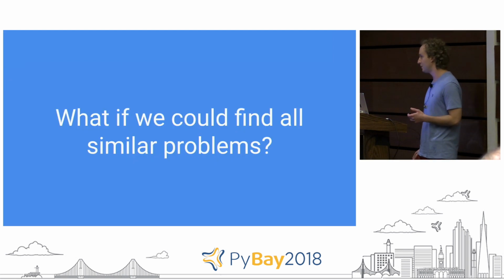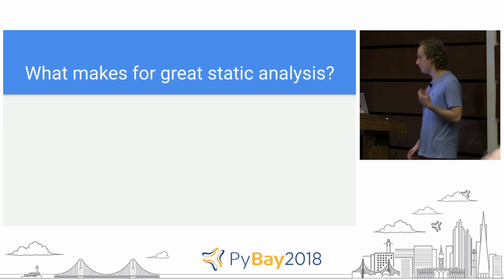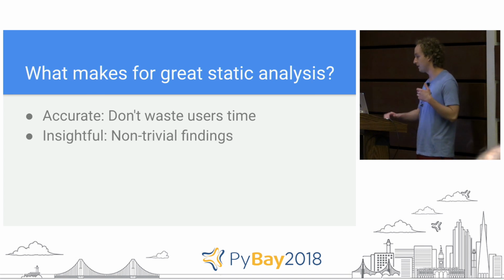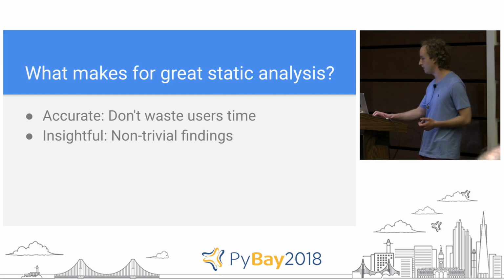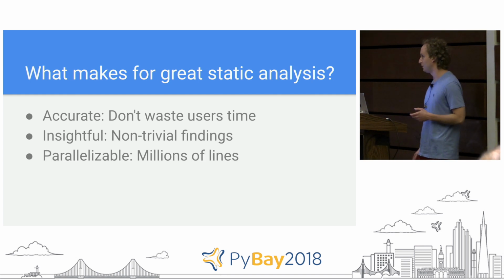So what if we could solve all similar problems? Wouldn't that be great? We could focus on finding vulnerabilities that aren't the same kind of pattern of source to sink. And so what makes for great static analysis? It's accurate, so it doesn't waste your time with a bunch of false positives, and you can trust the alerts that you get. It's insightful, so it finds things that, say, grep wouldn't be able to find. And it's parallelizable, so it scales to millions of lines, like Instagram's code base.